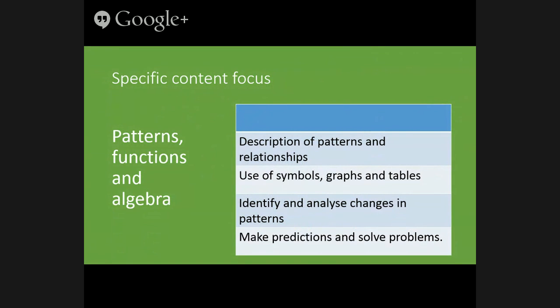The use of symbols, graphs, and tables, and you've had some experience with that in terms of data management, but we're also going to look at it in terms of patterns, etc. Then also looking at analyzing and identifying changes in patterns. So how is a pattern made up? How does a pattern change? So they can predict perhaps the next stage of that specific pattern or the next pattern itself. Then also making predictions and solving problems.